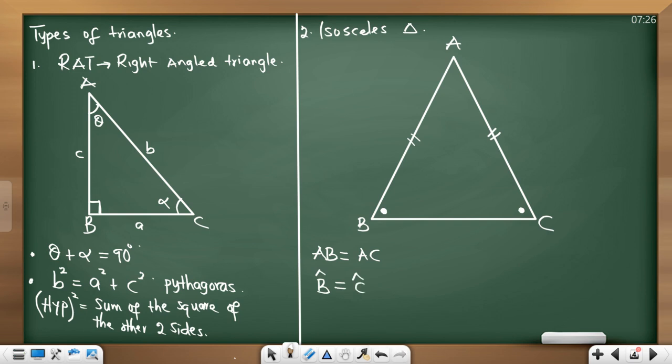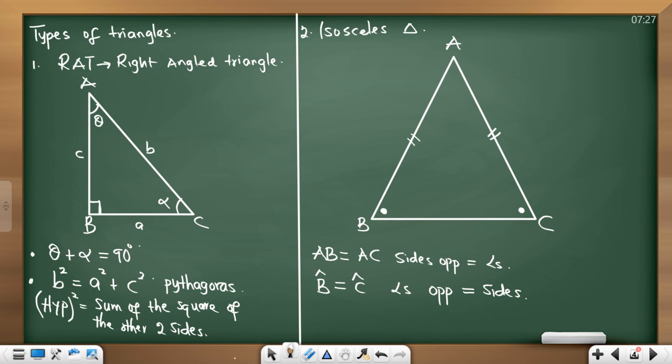Now, what's going to be our reason? I know from grade 7, 8, and 9, we were taught base angles are equal. We don't use that anymore. We are going to say these angles are equal because they are angles opposite equal sides. And here we're going to say sides opposite equal angles. The sides are equal because the opposite angles are equal.